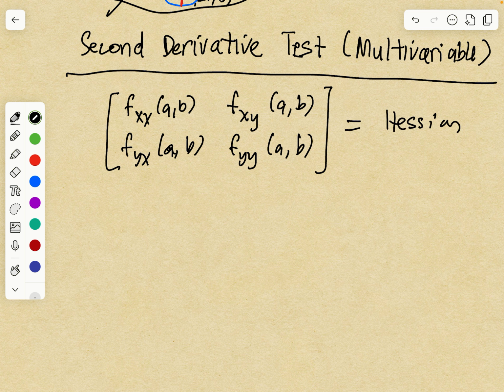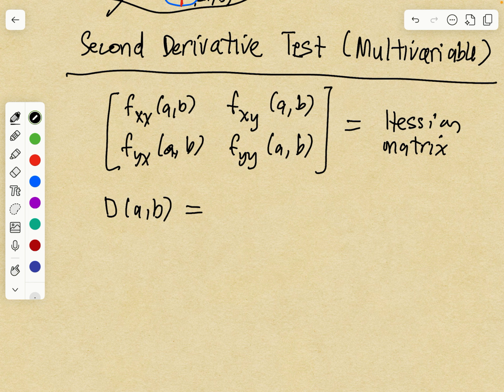You take the second partial derivatives and then you plug in your critical point (a, b), and when you plug in your critical point (a, b), you're going to get these numbers. So this is a 2 by 2 matrix, it has 4 numbers, and you take the determinant of this.